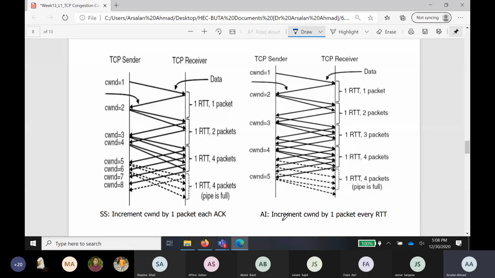And in the case of congestion avoidance, we need to increment the window size by 1 over CWnd after every ACK, which will result in an increment of 1 packet after every RTT. Okay, so after every RTT, 1 packet is being added to the window size, but in slow start, after every RTT, the window size is being doubled.